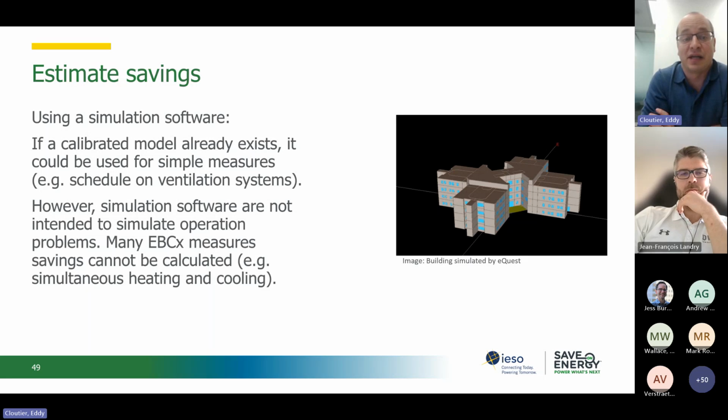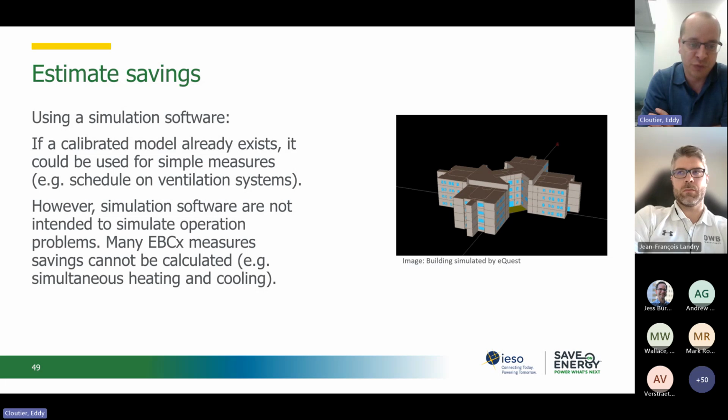The type of measure that we want to estimate in recommissioning is for situations where the sequence of operation or the way the system is operated is imperfect. So they are not really easy to modify to do the type of calculation we need, and they are not commonly used for these types of measure.